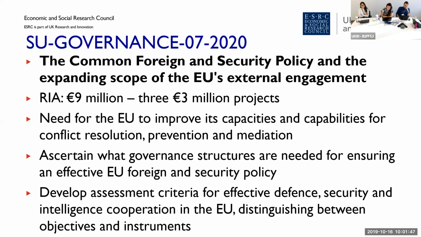So please bear that in mind. So the expected impacts are to contribute to increased coherence between EU foreign policy and member states' foreign policies. So they're expecting policymakers to be well informed on the governance structures needed to ensure joined up and sustainable EU diplomatic action and international cooperation.